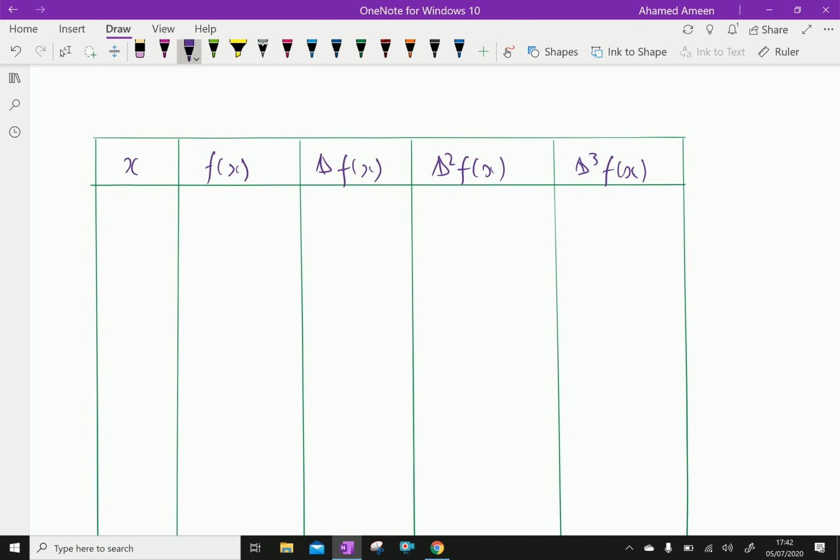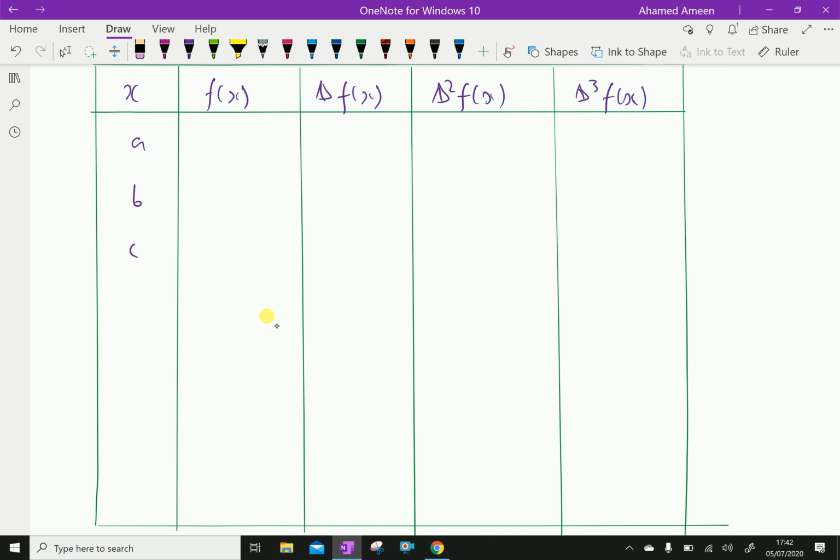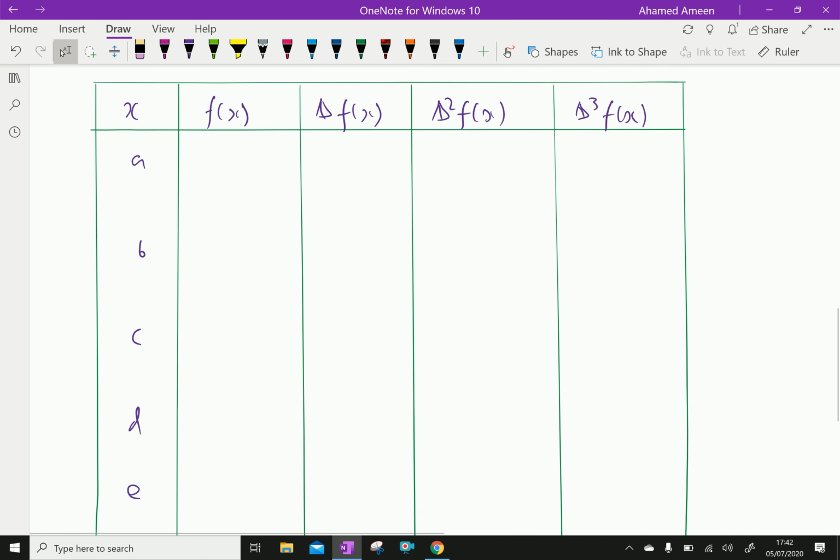The x values are a, b, c, d, e, and the corresponding values of y, that is f of x, are f of a, f of b, f of c, f of d and f of e.